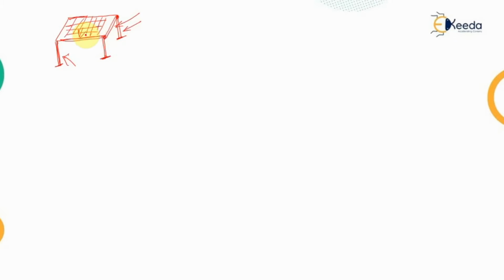So the connection which is provided between the beam and the column, or between the beam and the different beam, that type of connection is to be designed here. So primarily the design that we'll be looking at, that will be for the beam to column connection. That will be our major focus. And the second type of design or the connection that we'll be looking at, that is the beam to beam connection.